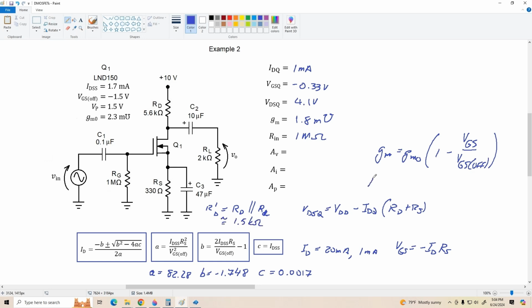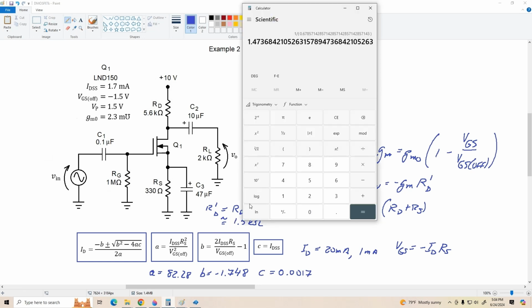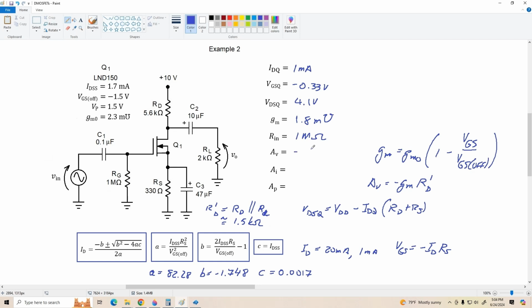So voltage gain then is negative GM times R prime D. So we've got negative 1.8 millimhos times 1.5K. 1.8 times 1.5. The K's and the millimhos and ohms cancel, which gives us a gain of negative 2.7. Our current gain, A sub I, is equal to AV times Rin over RL.